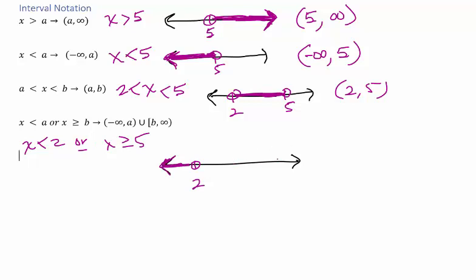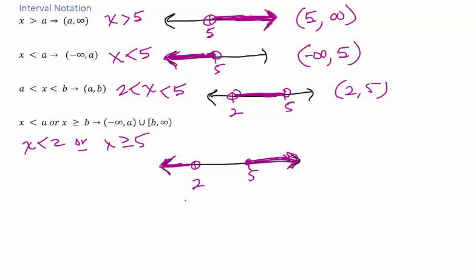Okay, or x is greater than or equal to 5. So I'm going to draw a 5 on the number line, shade the 5, and to the right. And because this says or, any number in either of those regions would satisfy this inequality. So we want to write both regions down.